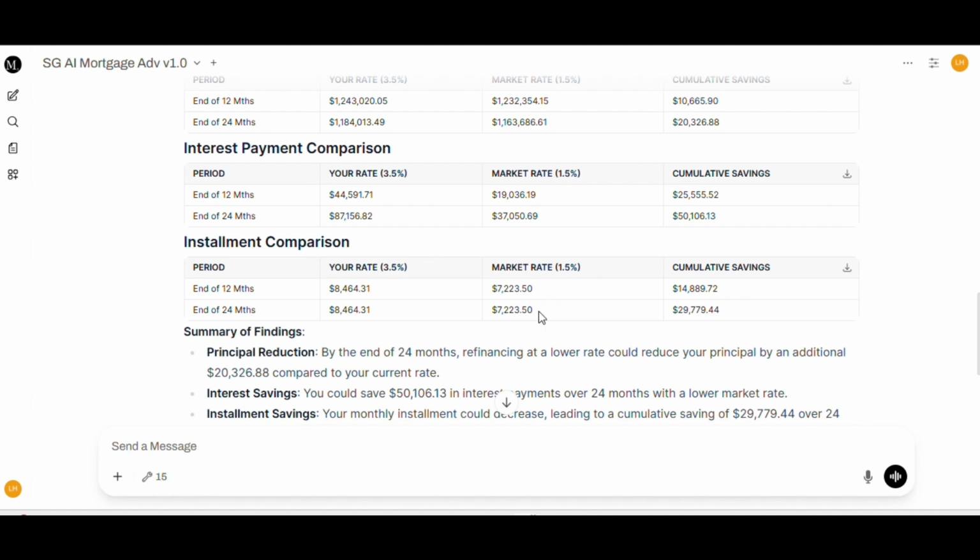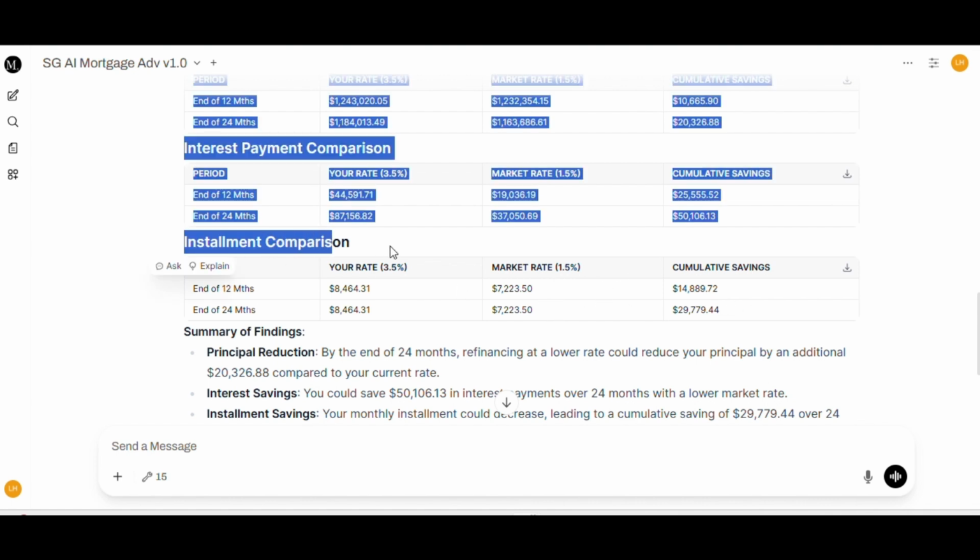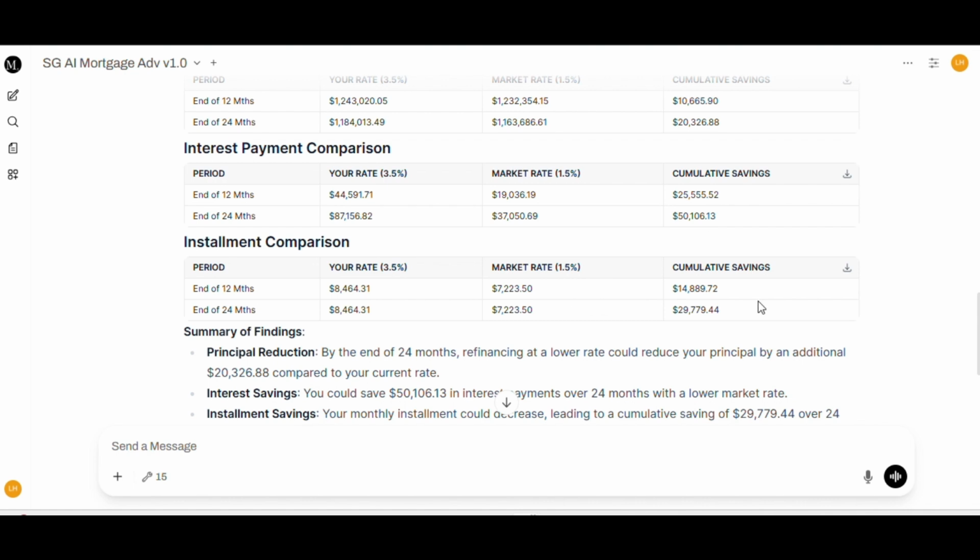So the AI responds with a 24-month comparison. For example, in the new rate, you are paying 7,200 plus, while your existing rate is paying about 8,000 plus. So accumulatively for the next 12 months, you save about 14,000, and for 24 months, you save close to 30,000.